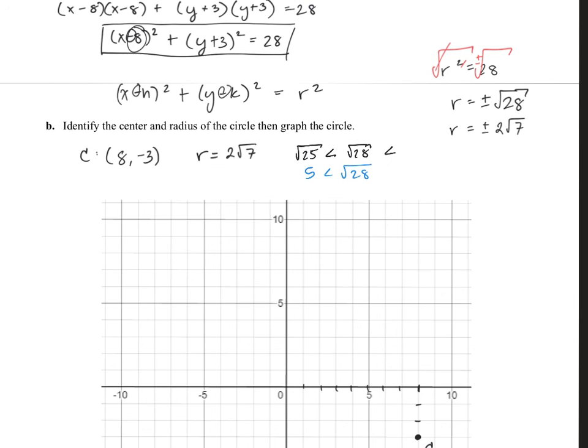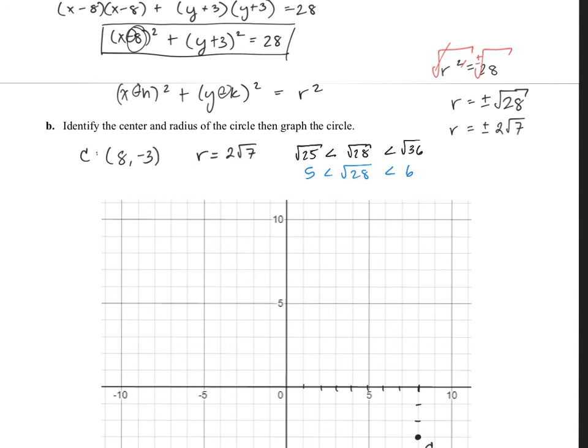So now let's try to box it in on the other side. What is it smaller than? Well, the next perfect square after 5 would be 6 times 6, which is the square root of 36. Which means that the square root of 28 is a little less than 6. So the square root of 28 is roughly between 5 and 6.